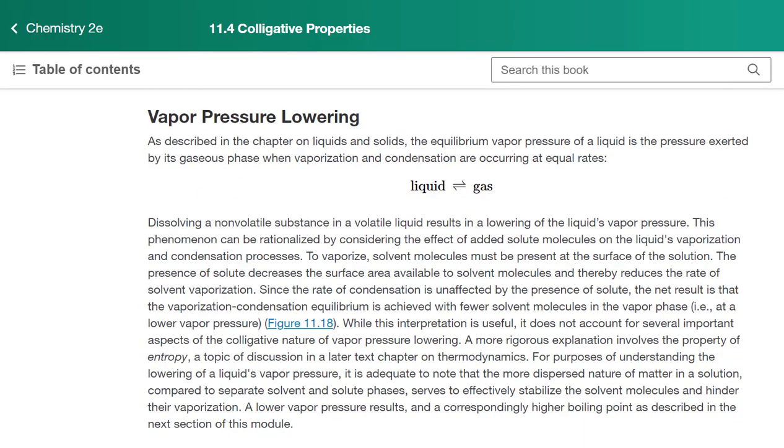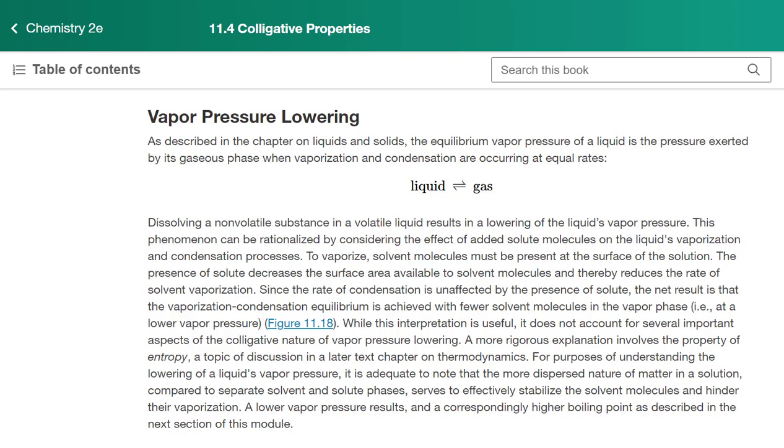So the first one we'll talk about is vapor pressure lowering. It turns out that when you have a solute dissolved in solution, the vapor pressure becomes lower. So the tendency to go from liquid to gas is smaller for the solvent than it would have been otherwise.